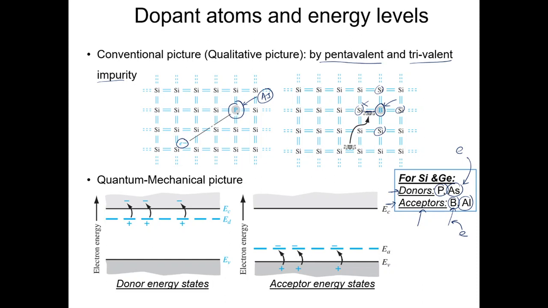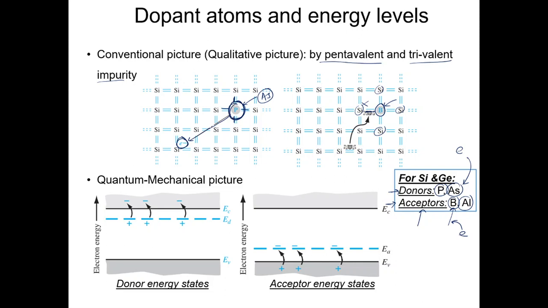In case of phosphorus, it had 5 valence electrons, so 4 are going to contribute in doing this covalent bonding, and one of the electrons will be available as excess and will be available to move around in the crystal lattice if the system has attained a certain temperature required for this electron to be moved out of the valence shell of the phosphorus.